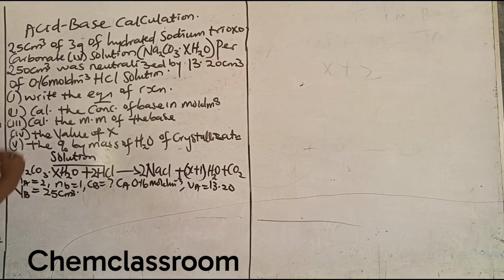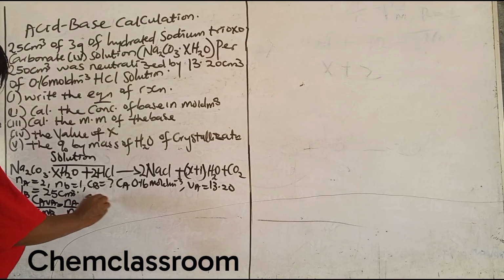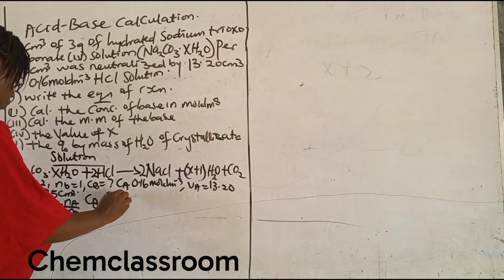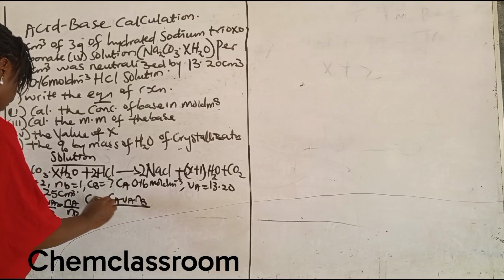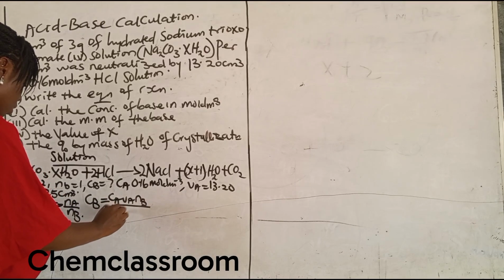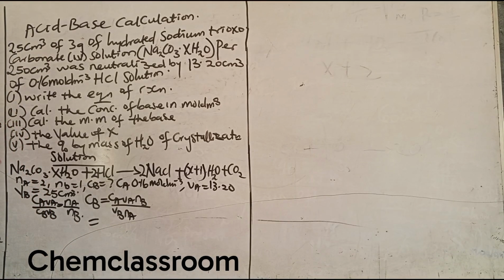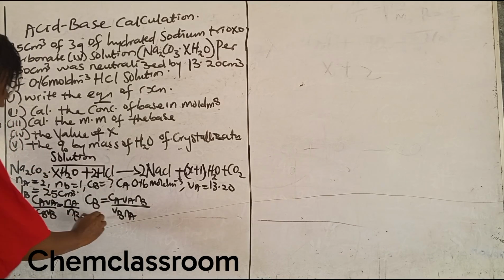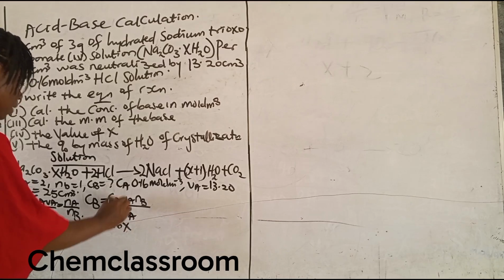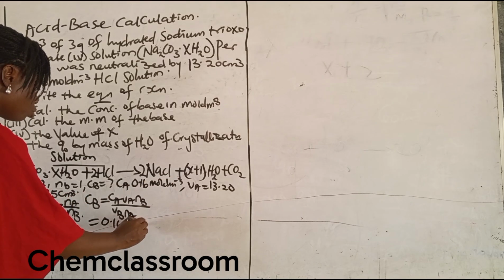Right away, I can now substitute these values, so CAVA over CBVB equals to Na over NB. Okay, so I'll make my CB the subject of the formula. CB is going to be CAVA NB divided by VB NA. So we can go ahead and substitute the values. My CA is 0.16 multiplied by my VA, 13.20.